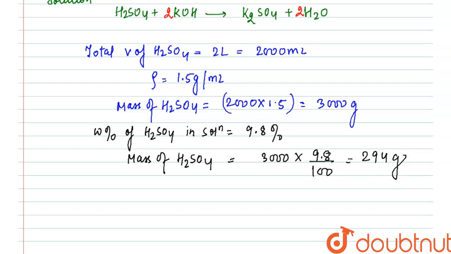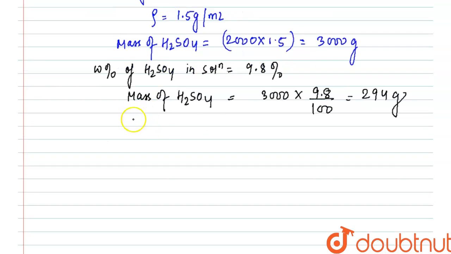Now the molecular weight of H2SO4 is 98, so we can calculate the number of moles. Number of moles is given mass upon the molar mass, so 294 upon 98, which means it will be 3 moles. So 3 moles of H2SO4 is something that we have.